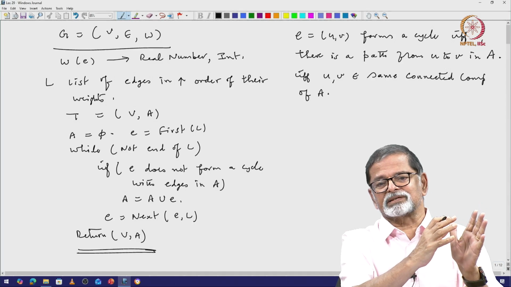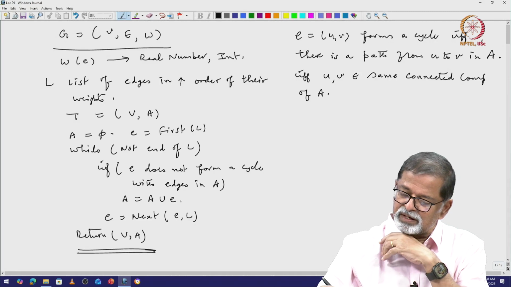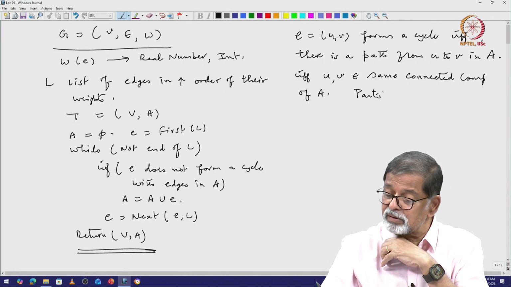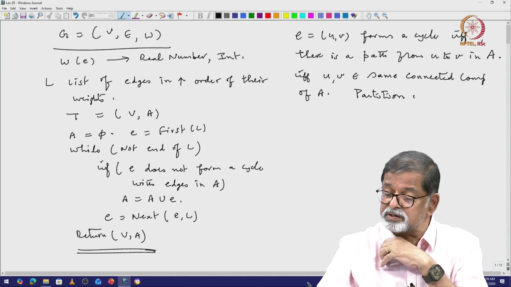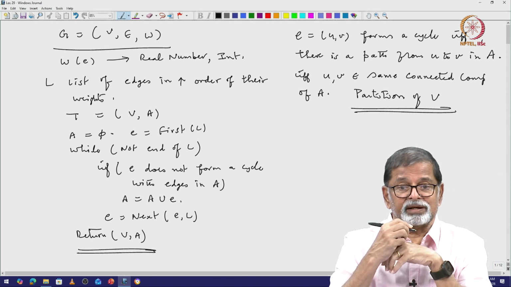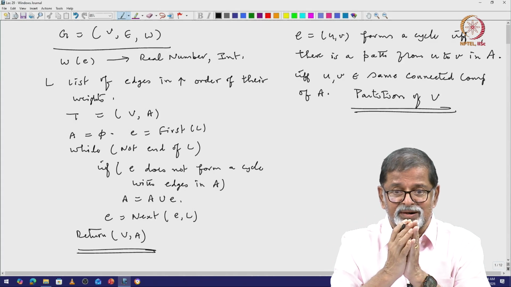Therefore, we have formulated the problem into an equivalent setup in the partition of the vertex set induced by the connected components: whether they are in the same set or not.